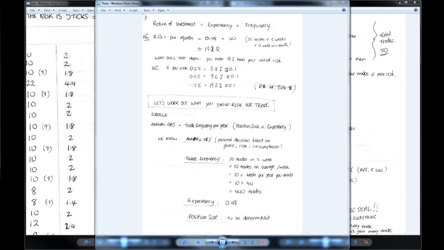But then, as far as a percentage return on investment, that really comes back to what we're risking per trade. So you're just taking your expectancy times by frequency, multiplied by what you risk per trade. This is what I'm working out now.